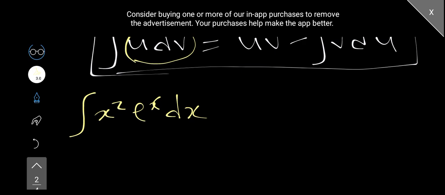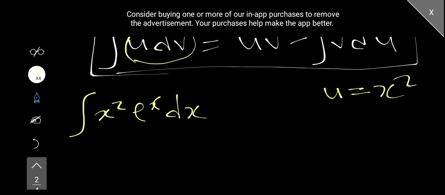Before you choose, you have to analyze which one will easily be differentiated and which one will easily be integrated. When you look at these two functions, you will discover that x squared can easily be differentiated, so u will be x squared.